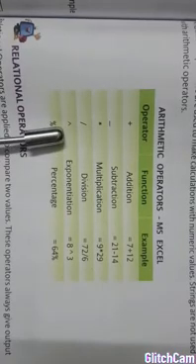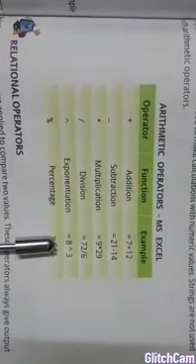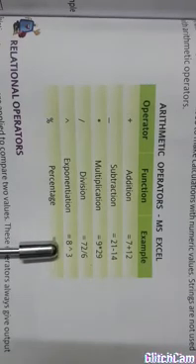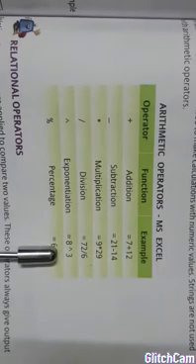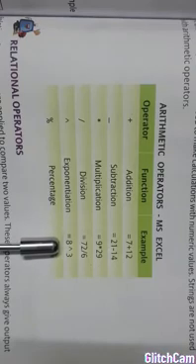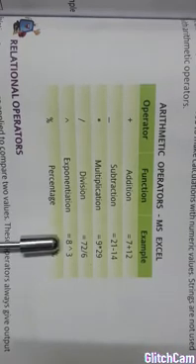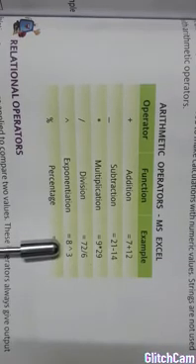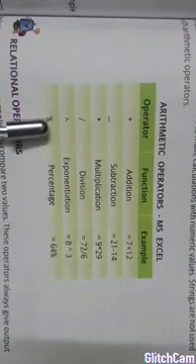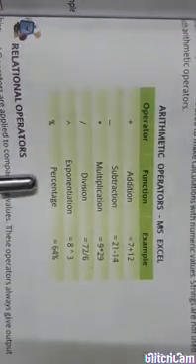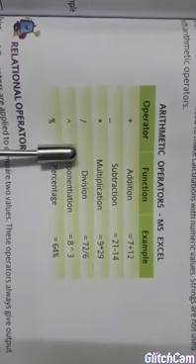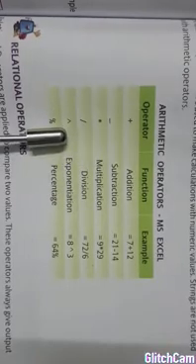Exponent means raised to power, like 8 raised to power 3. 8 raised to power 3 means 8 multiplied by 8 multiplied by 8, which means we have to multiply 8 three times. Next is the percentage symbol. These are simple mathematics symbols.